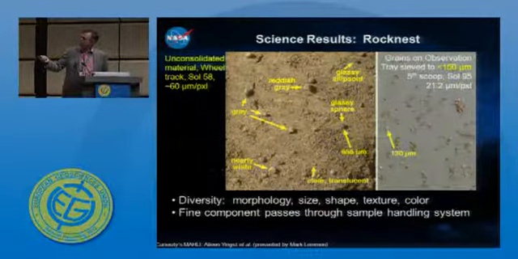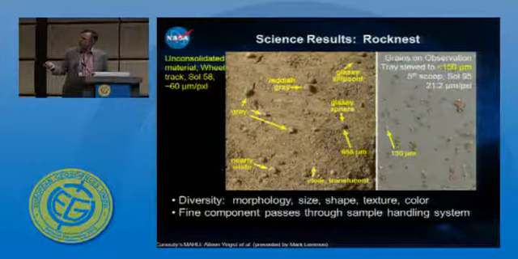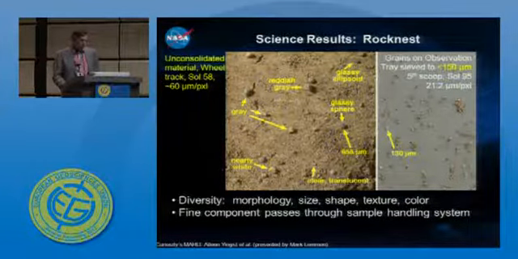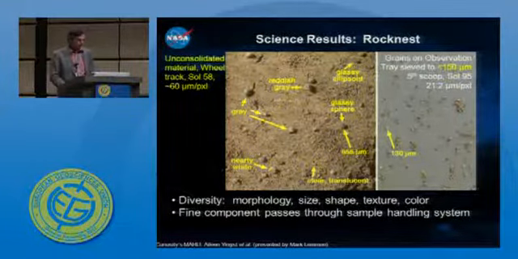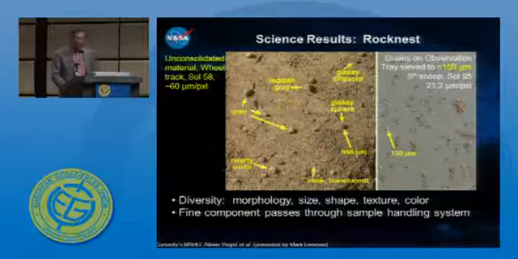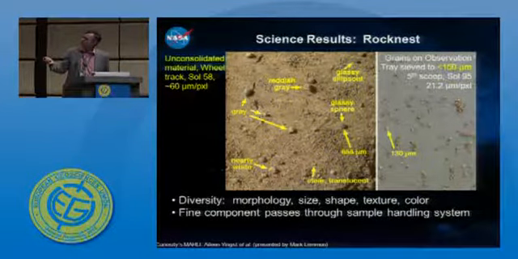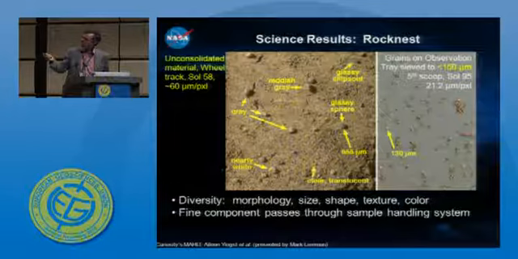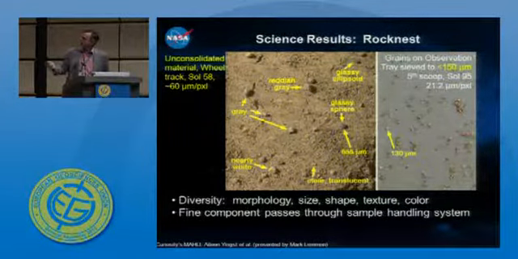And then you also see larger grains in here up to millimeter sizes, many of which also have little dust coatings, some of which have rolled around and are not dust coated, showing the diversity of color. You see grays and reds up to nearly white. You see glassy things as well as translucent and more pale objects. So there's a diversity of objects within that scene.